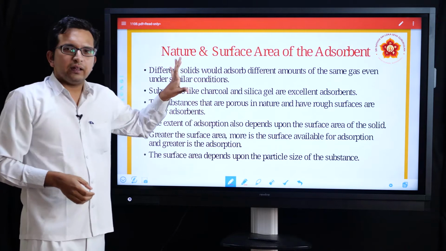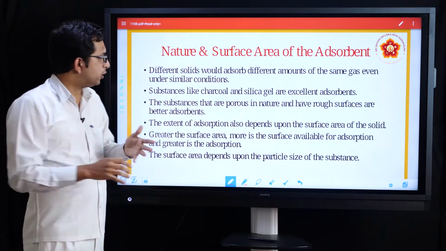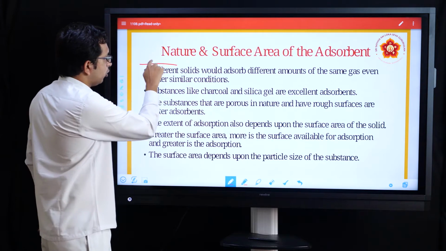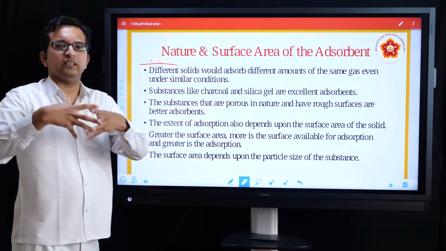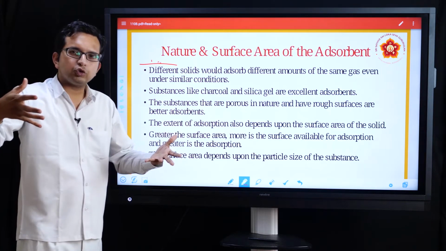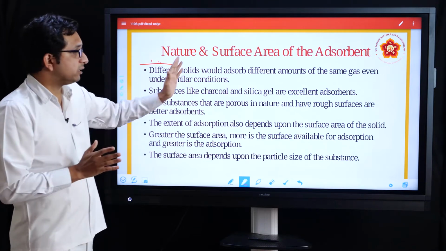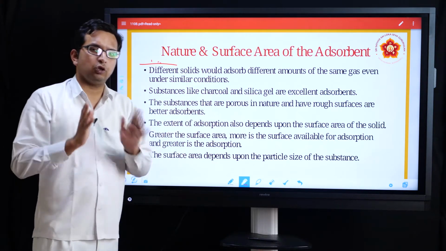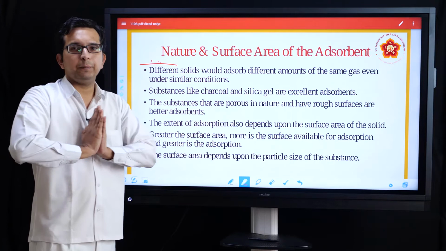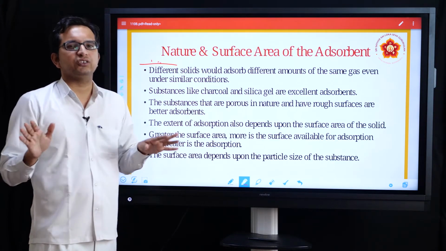It means that the chemical forces or the physical forces present between the layer and the molecules should be cohesive. What do you mean by cohesive? It means that both of them should be correlative to each other. Only then the extent of adsorption or the rate of adsorption can be pretty high. Else the adsorption will not happen to a large extent.